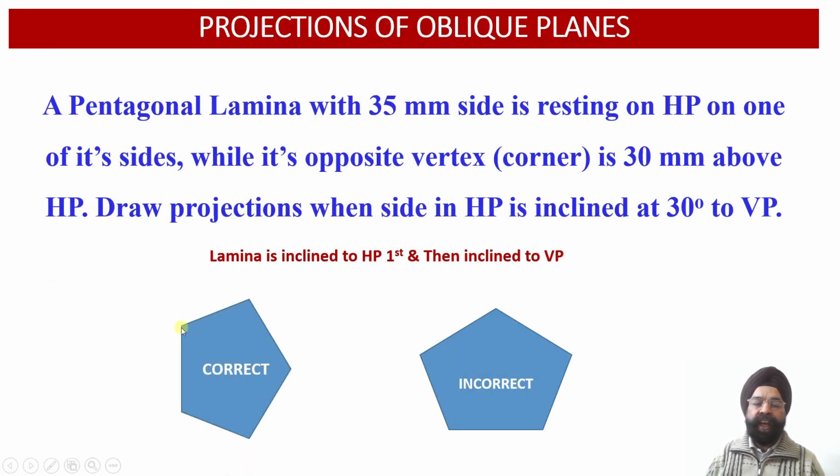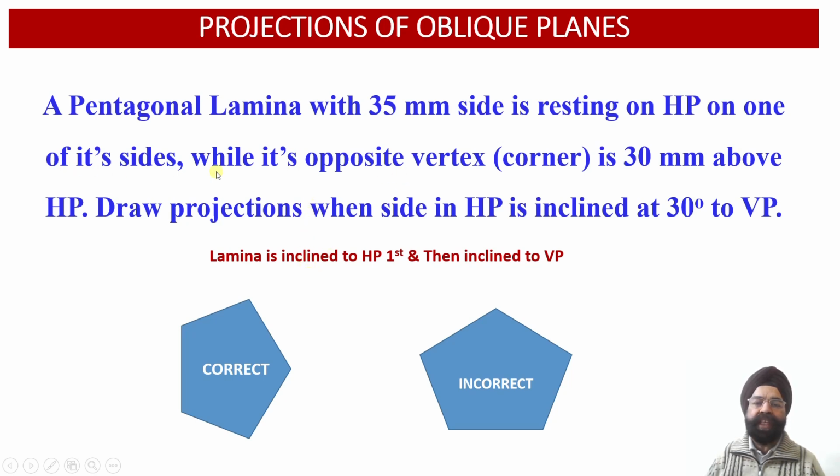While if we locate the true shape of the pentagonal lamina below the XY line in this orientation, and incline this lamina with respect to the horizontal plane, then we will find that the edge of this pentagonal lamina will be resting onto the ground, and the vertex opposite to this edge will be located at a height of 30 millimeter above the horizontal plane.